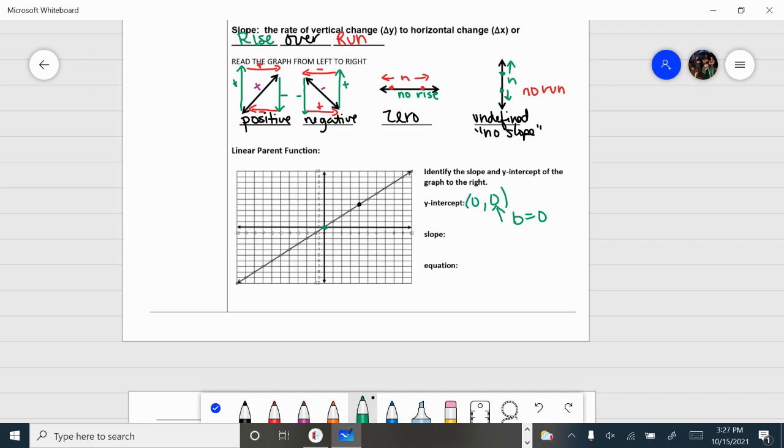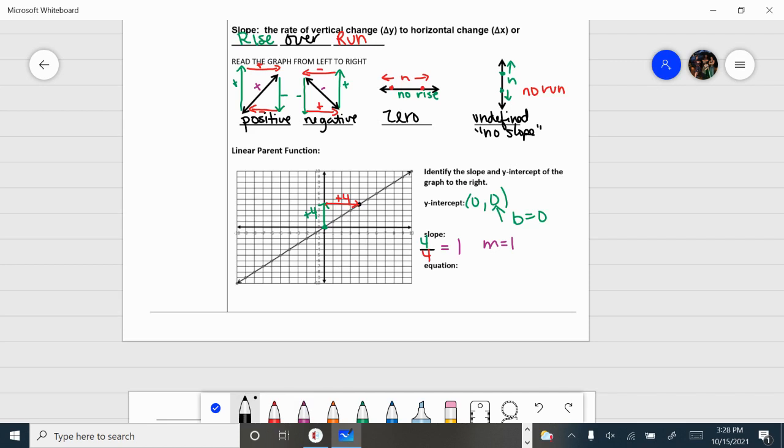I'm picking 4, 4 just because it's enough space that we can actually see what's going on. So I'm going to go up 4 in a positive direction, and then we'll go to the right 4 in a positive direction. So when we do our rise over run, 4 over 4, we end up with our slope of 1. Okay, so m equals 1.